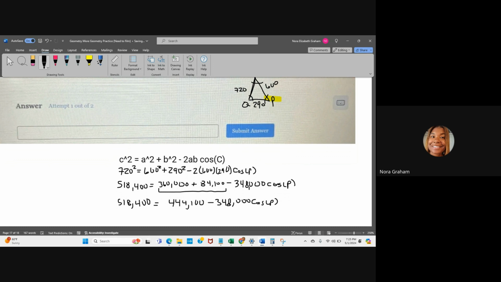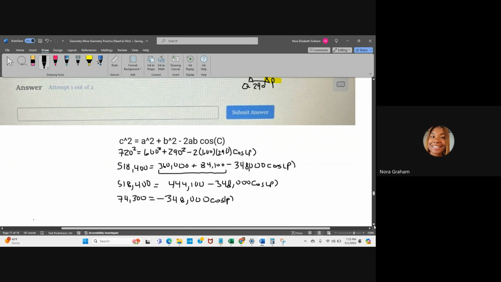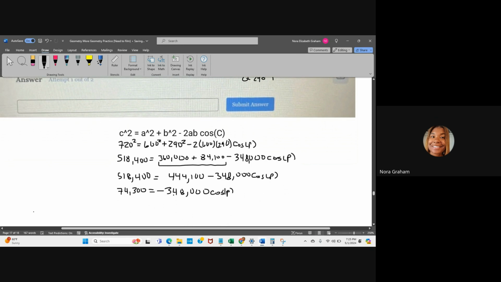Now I'm going to subtract this 444,100 from both sides. When I do that, I'm going to get 74,300, and that equals negative 348,000 times cosine of P. Now I divide both sides by this negative 348,000.